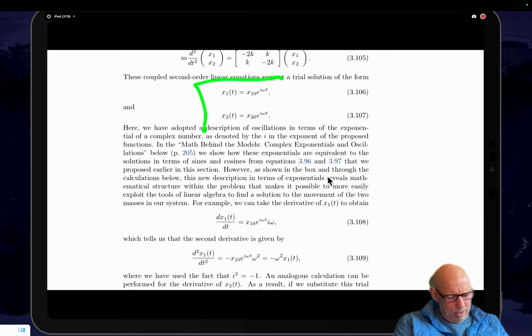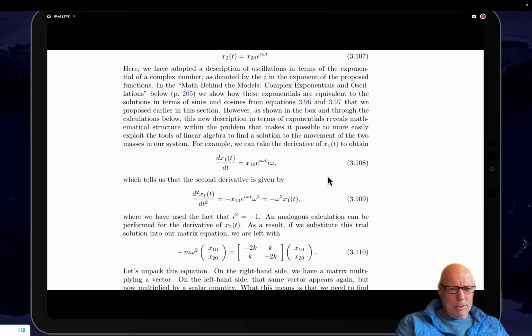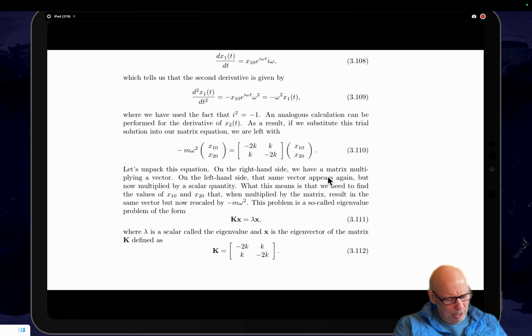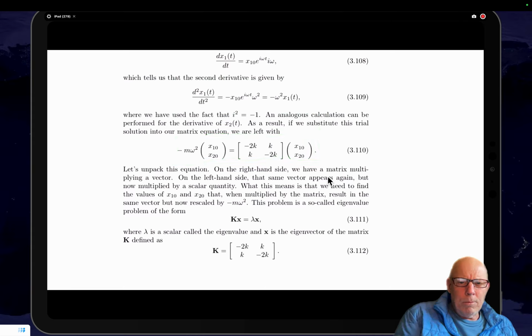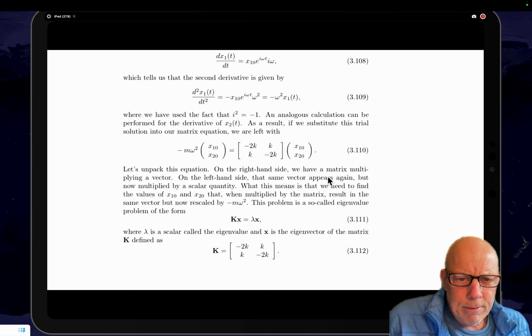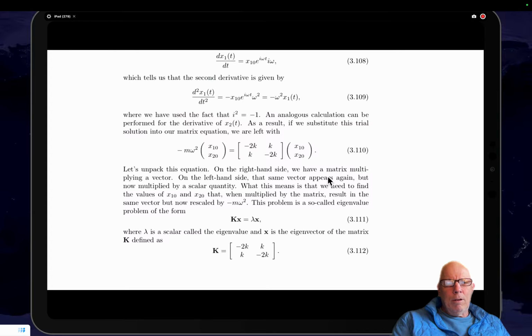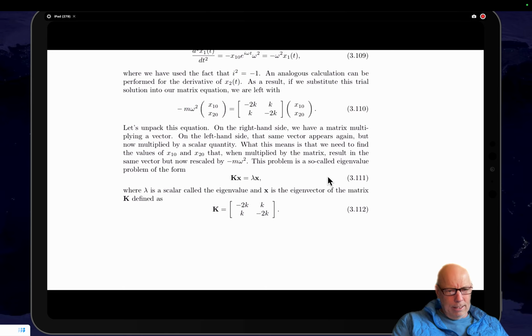This is the trial solutions that I just proposed. This is the second derivative, which I just showed you. And that results in this algebraic problem, which is to find the two unknowns, x1 naught and x2 naught, or alternatively, really to find the frequencies, the m omega squareds, by diagonalizing this matrix.